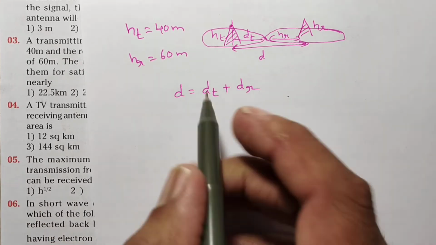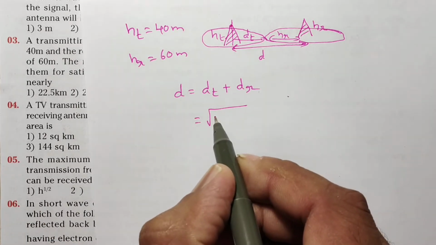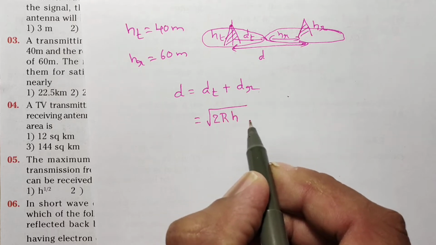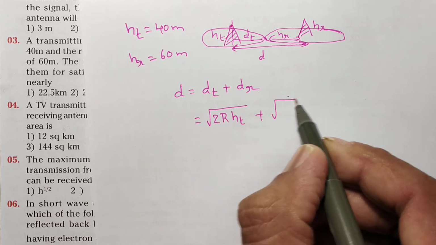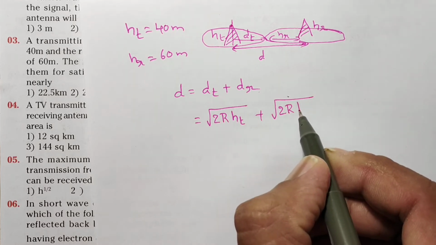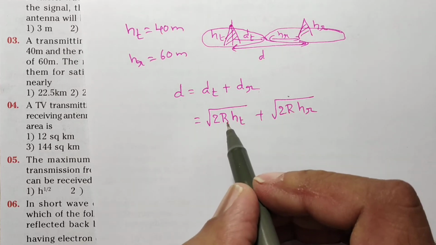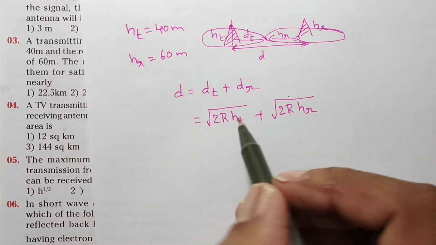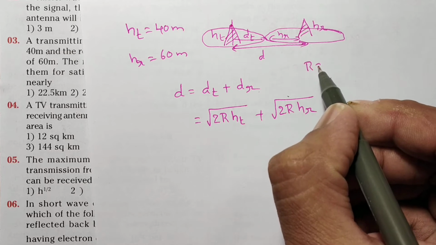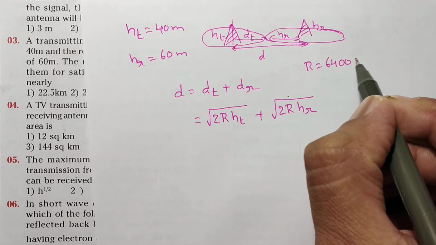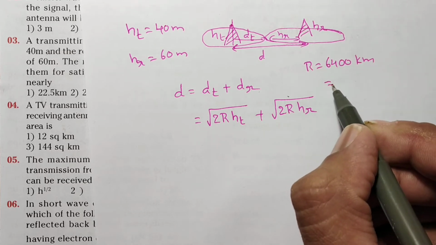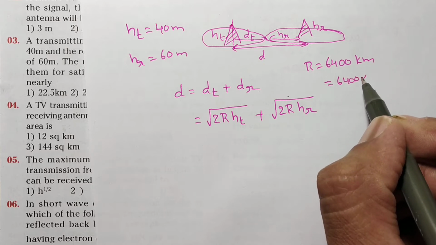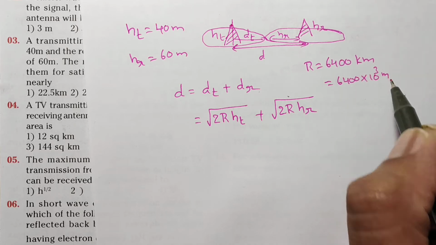So we know that D is equal to square root of 2 R HT plus square root of 2 R HR, where R is the radius of the earth. The radius of the earth is how much? 6400 kilometers, which means 6400 into 10 to the power of 3 meters.